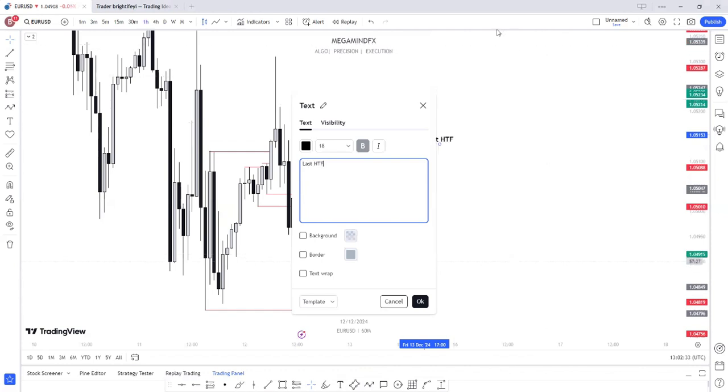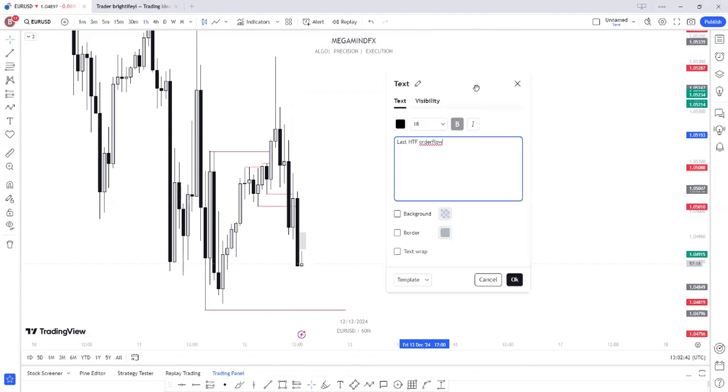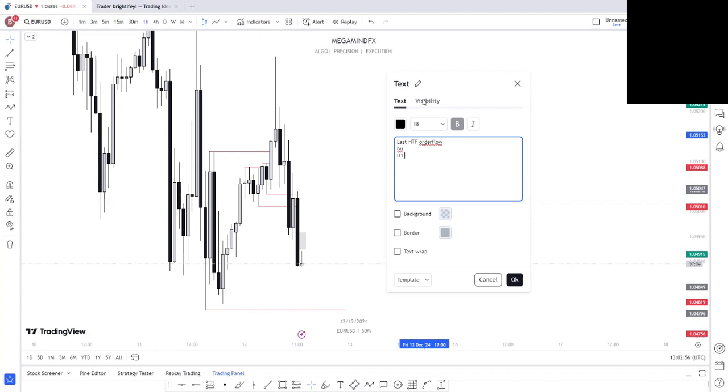I consider the last higher time frame order flow. I consider the H1 bullish and bearish candle close.